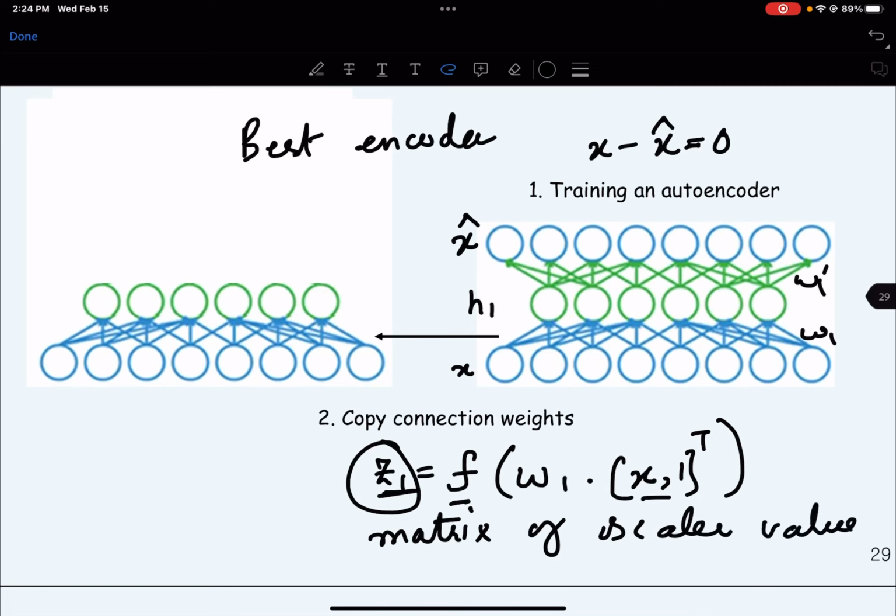We have our Z, which is a transformation of your W1 and X.